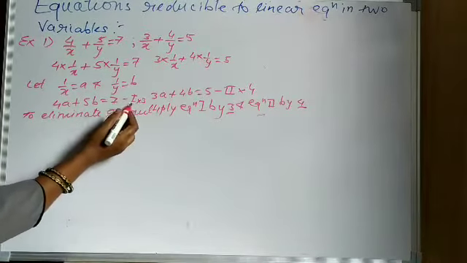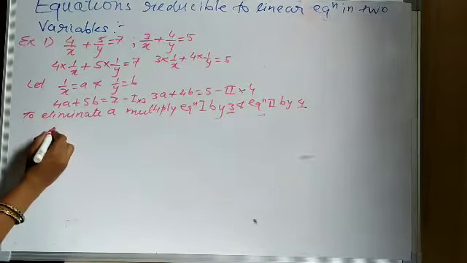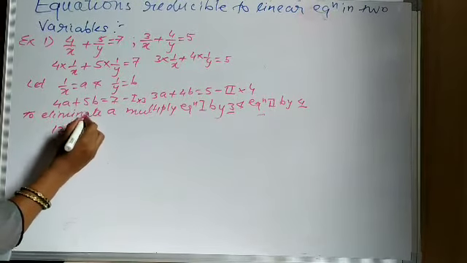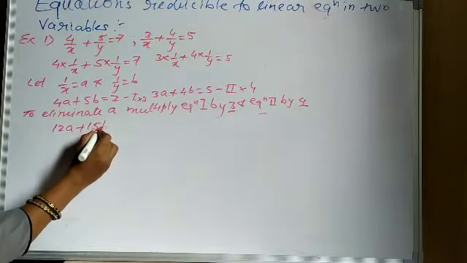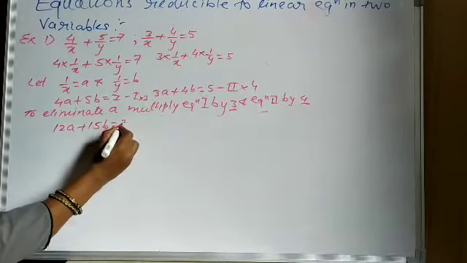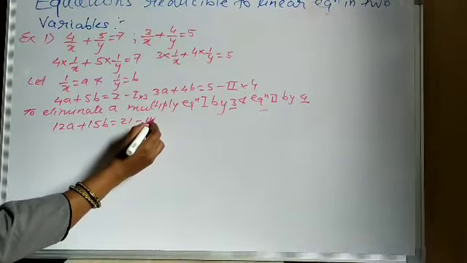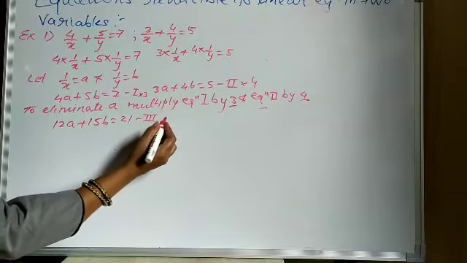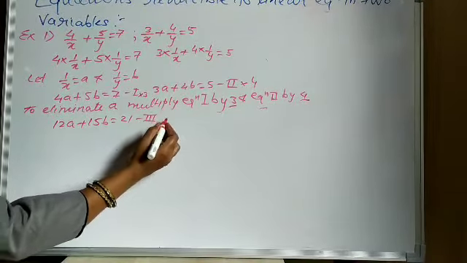So equation 1 by 3: 4 into 3, 12a, plus 5 into 3, 15b, is equal to 7 into 3, 21. This is equation number 3. Now equation 2 by 4: 12a plus 4 into 4, 16b, is equal to 4 into 5, 20. This is equation number 4.